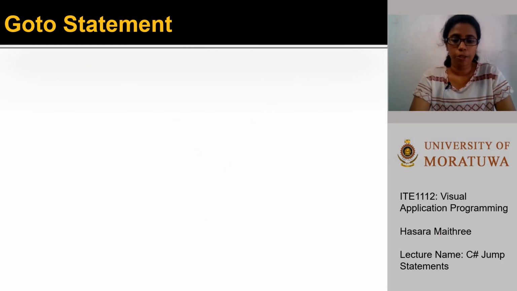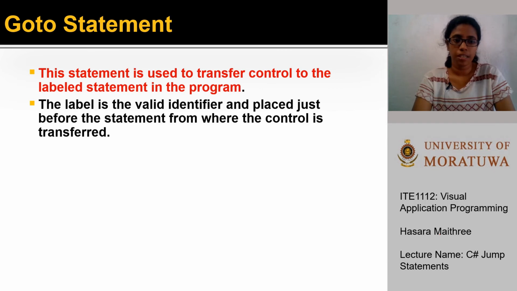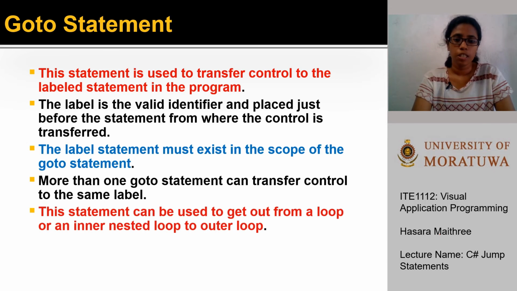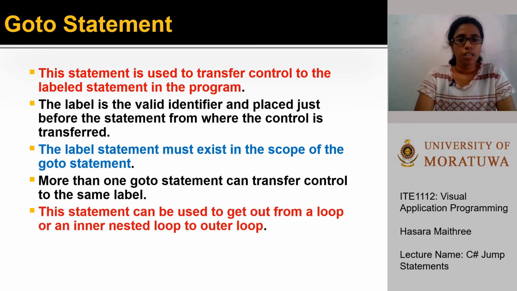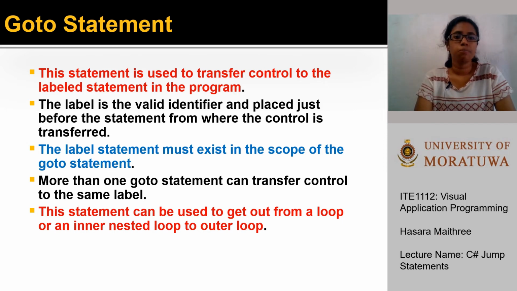Now let's look into another type of jump statement used in C#, the goto statement. The goto statement is used to transfer control to a labeled statement in a program. And this label should be a valid identifier so that the program knows where to transfer the control.